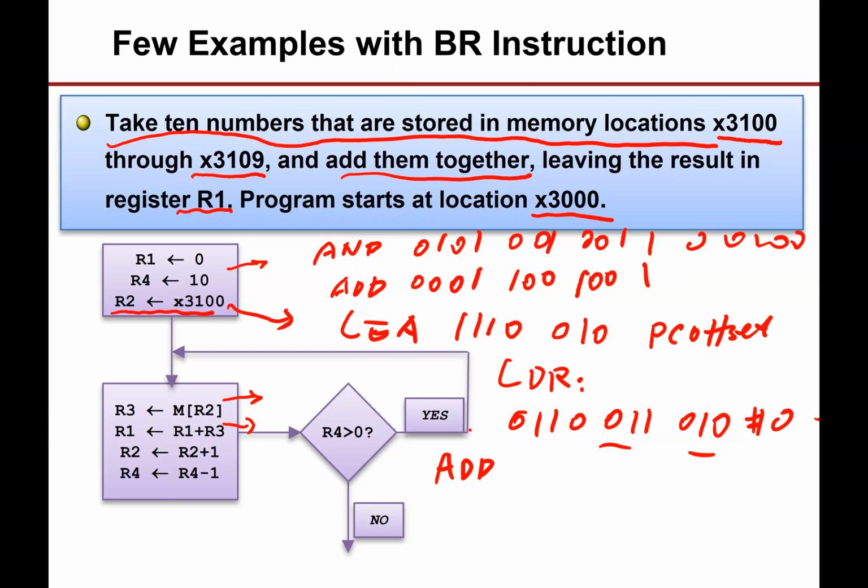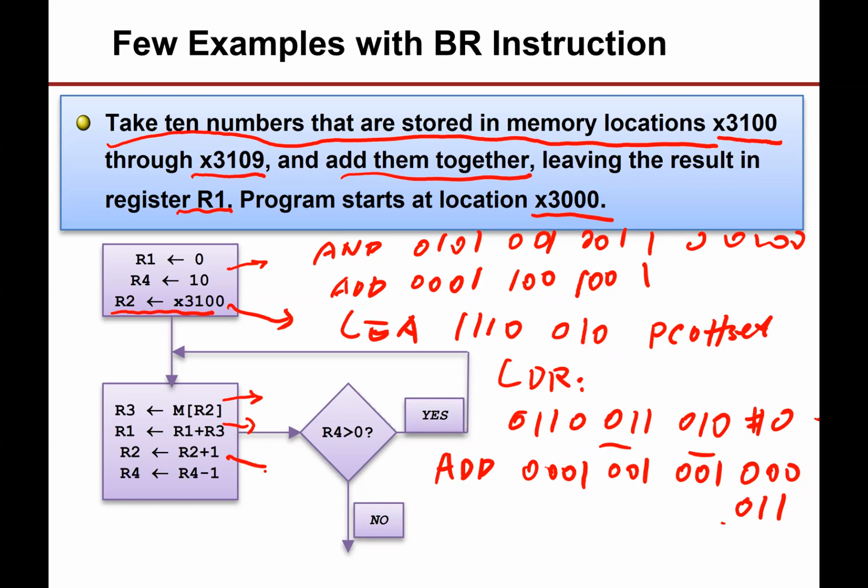It adds the value stored at R1 and R3, and then puts the result into R1. So here is 001, and then the destination R1 001, and then one source is 001, and this is not an immediate, just a register mode. So this is 0, then 00 following, and then R3.